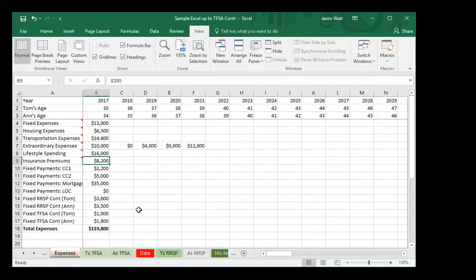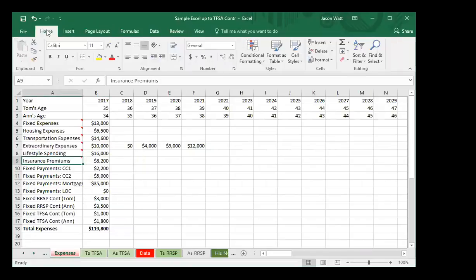Now, if your disability insurance is part of a work plan, then if it's employee paid premiums, that portion might be inflationary. So what you might want to do here is you might even want to break this out.